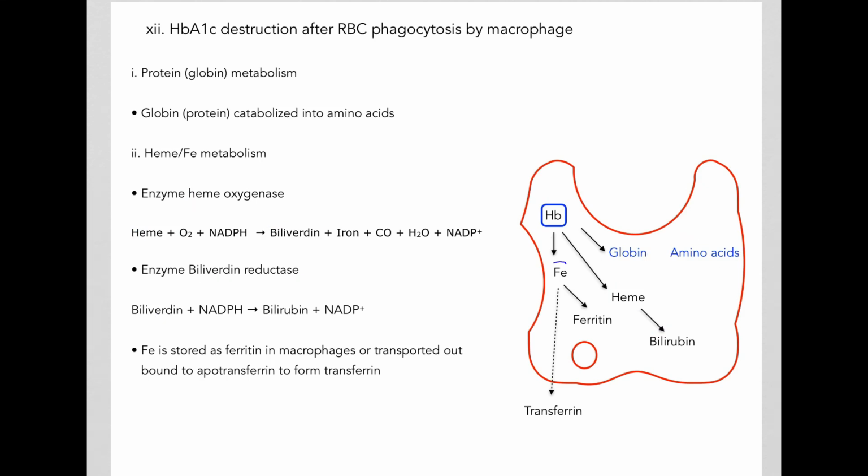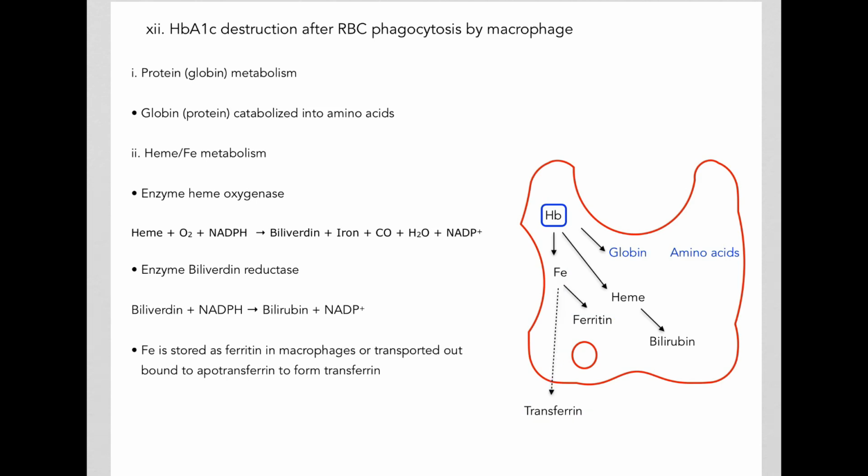Then there's the iron part of hemoglobin that is either stored as ferritin in the macrophage, or it is transported out of the macrophage where it binds apotransferrin to form transferrin. Okay, so transferrin is the protein that transports iron through the blood circulation.